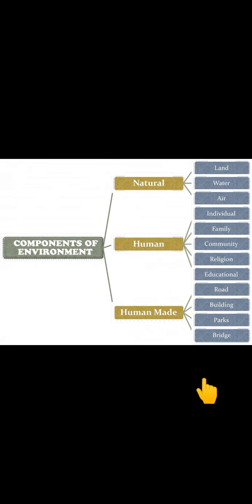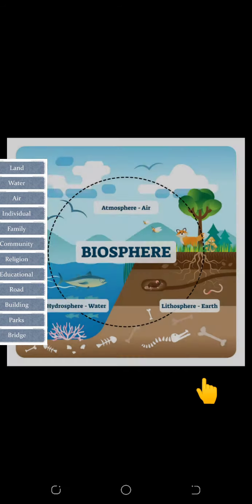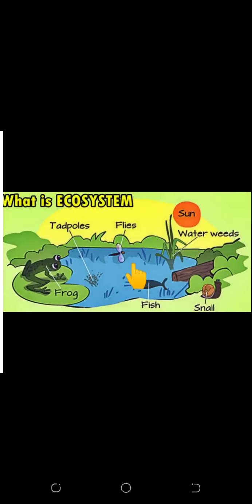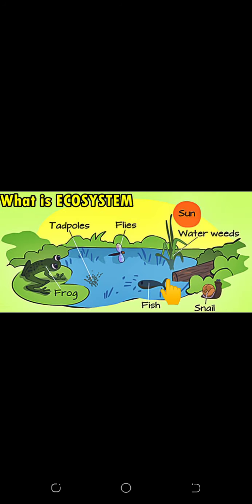Furthermore, the plant and animal kingdom together make the biosphere or the living world. It is a narrow zone of the earth where land, water, and air interact with each other to support life. Children, all plants, animals, and human beings depend on their surroundings and are interdependent on each other.